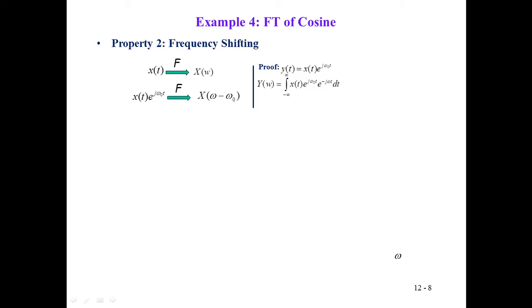We have this here, and combining the exponential terms, we get the Fourier transform Y of omega as the integral from minus infinity to plus infinity of x of t e to the power j omega minus omega 0 t dt. So the whole integral is nothing but the frequency shifted Fourier transform of x, that is X of omega minus omega 0.